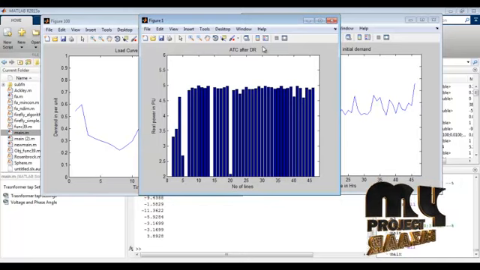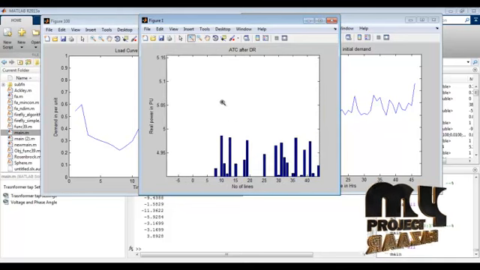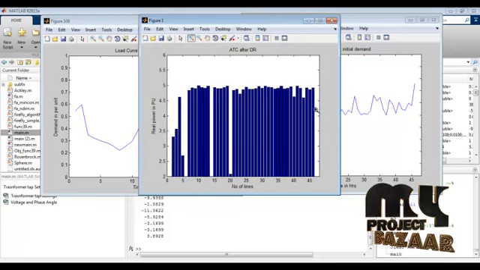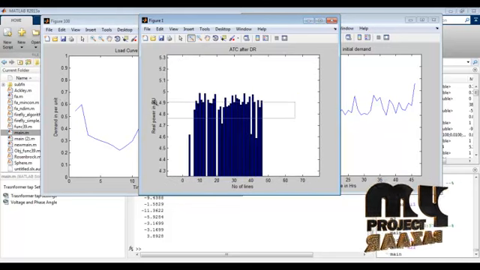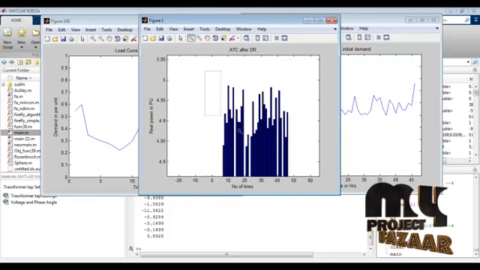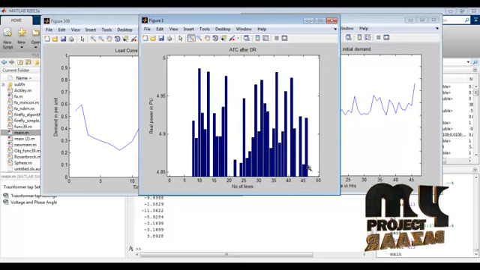This is the after DR bar graph plot with different amplitude ranges. We can see the different ranges for the different bus systems.